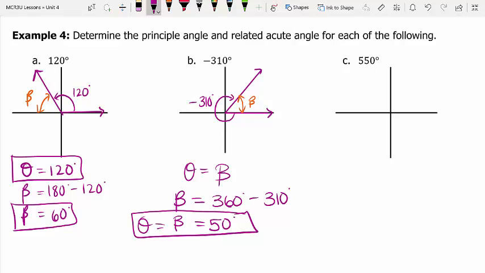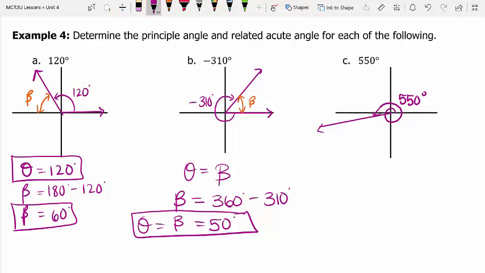Okay, 550 degrees. Let's plot that. That's one full rotation of 360 degrees plus another 190 degrees in the positive direction. Again, our principal value is not 550 degrees because that's not between 0 and 360.